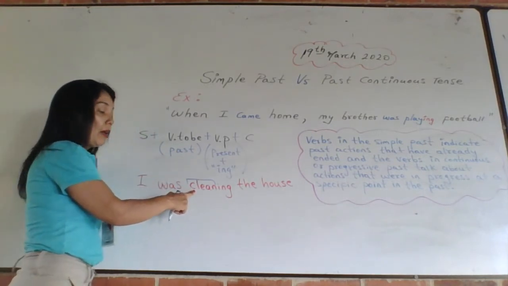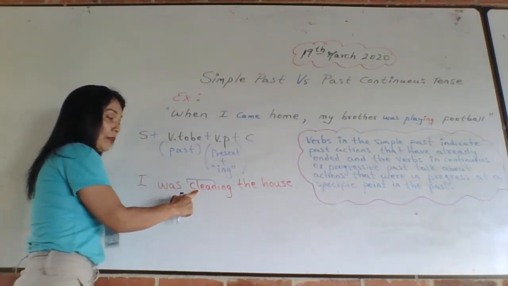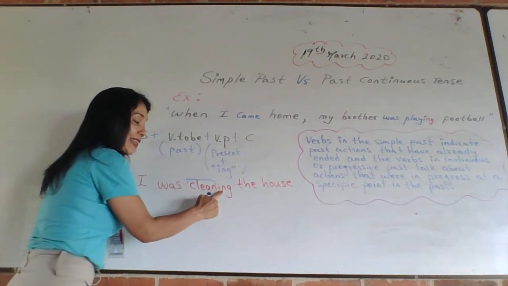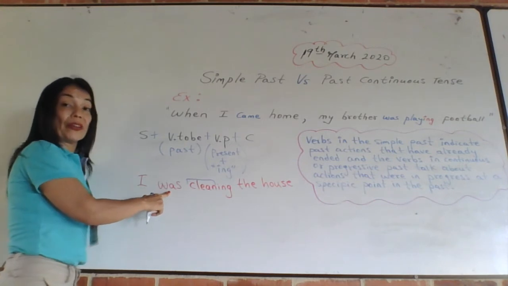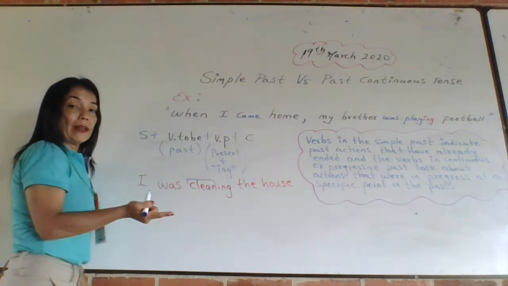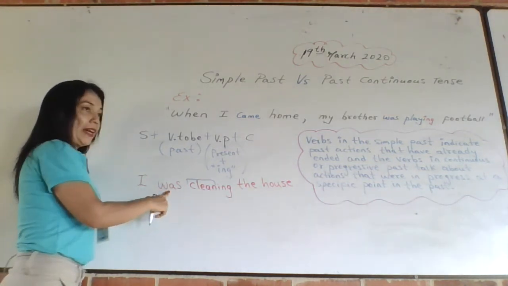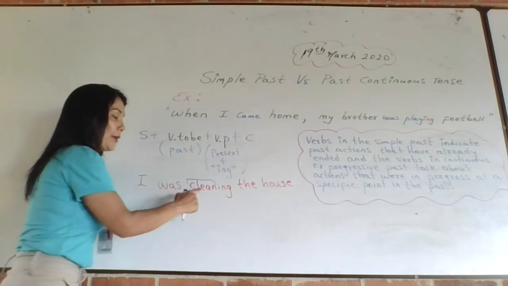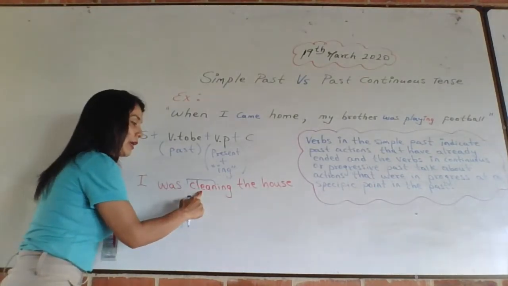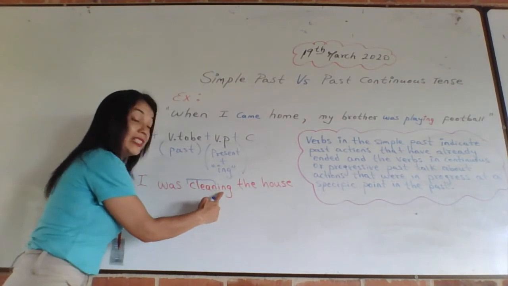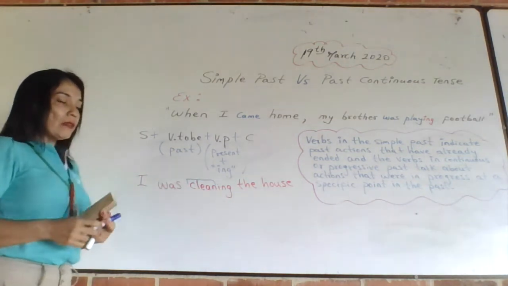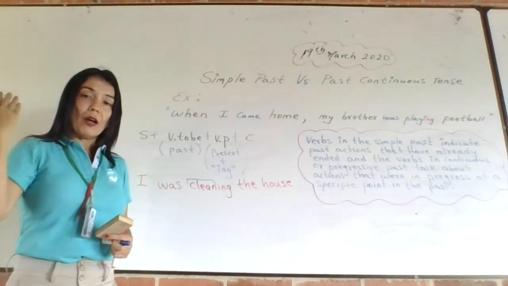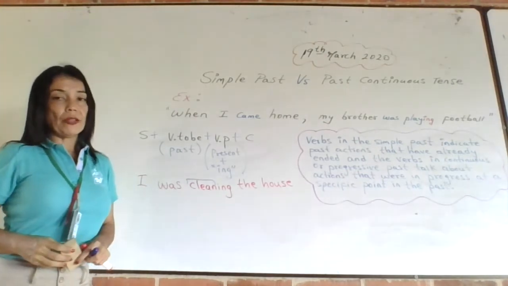It's in present, but the reason that it has the gerund at the end is because of the verb to be. Because the rule in English says every time the verb to be is followed by another verb, this verb is going to be affected by the gerund. Well, so I was cleaning the house means in Spanish yo estaba o yo estuve limpiando la casa.